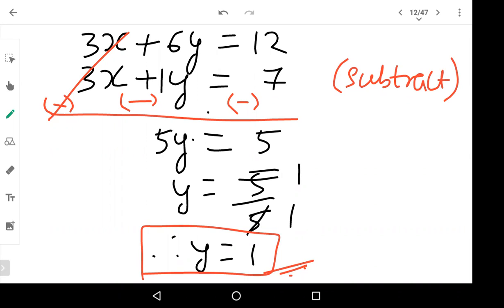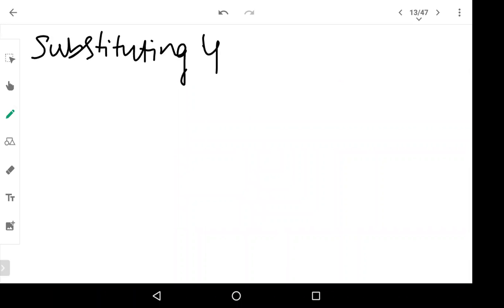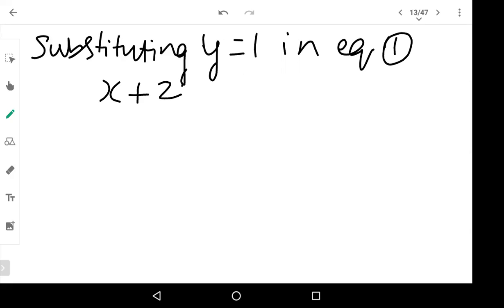Okay, so we found the value of y. Now let us substitute that in the equation 1. So substituting y is equal to 1 in equation 1. So what is equation 1? x plus 2y is equal to 4.